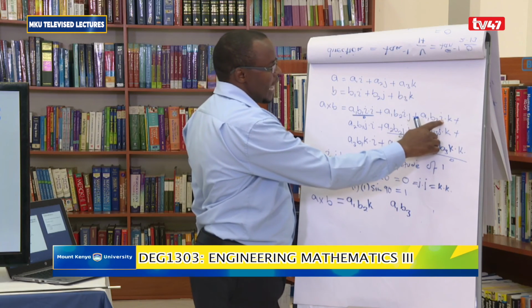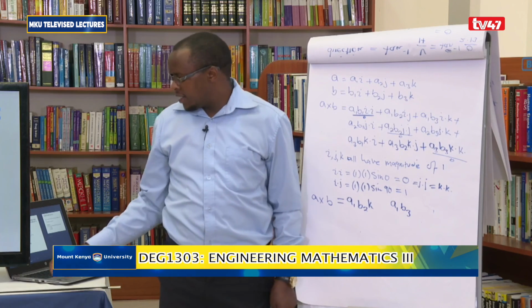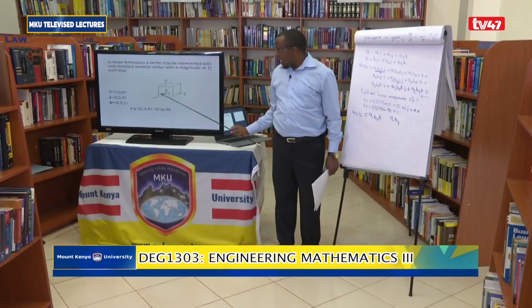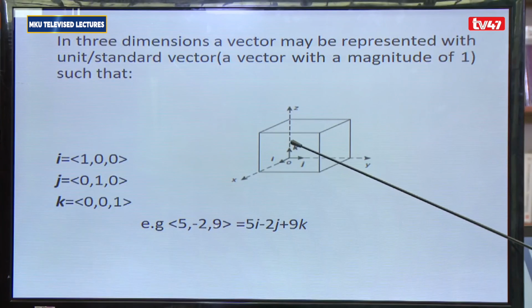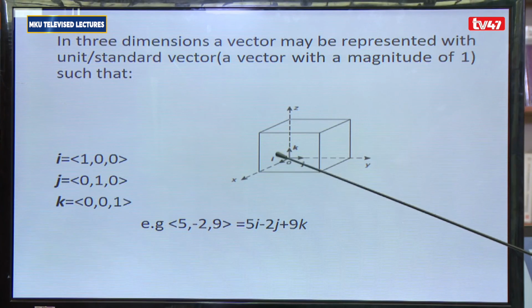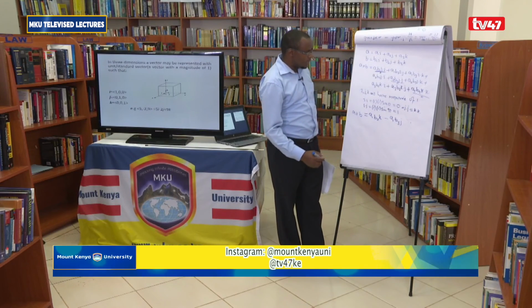Now here we have I K. So when you have I K, just like what we have said, it is going in the opposite direction. So what we are going to have is J, but now negative. Okay? It's going to change the sign there.